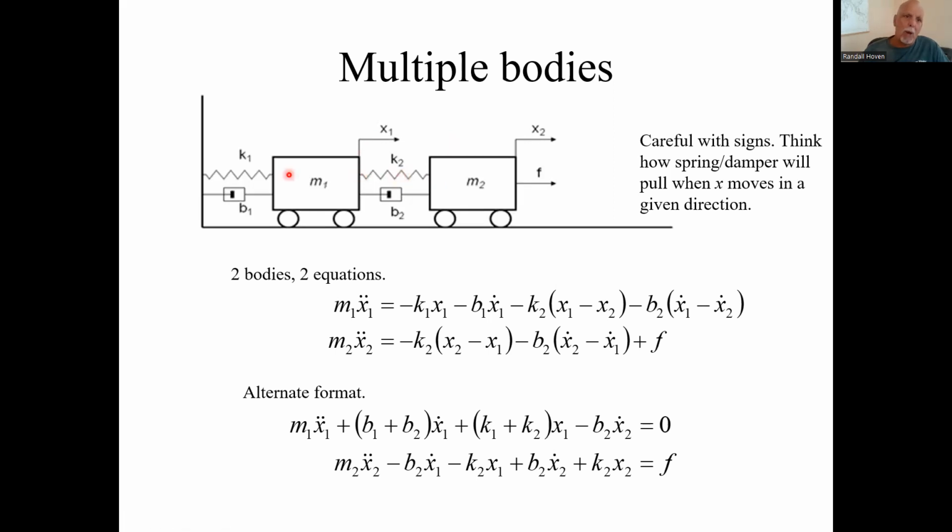It's going to push backwards on this body. But if I move this x to the right, it's going to stretch that spring, and it's going to pull this body to the right. Try to think through that if you have homework problems. That's usually the hardest part of these.